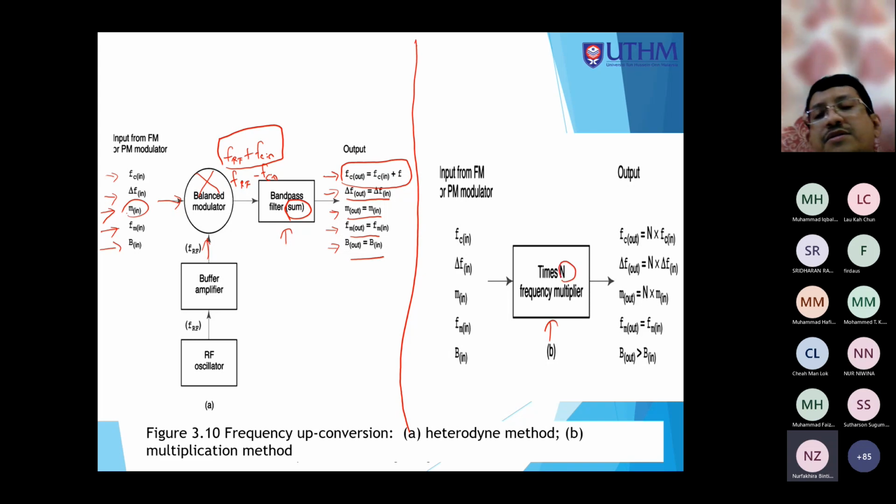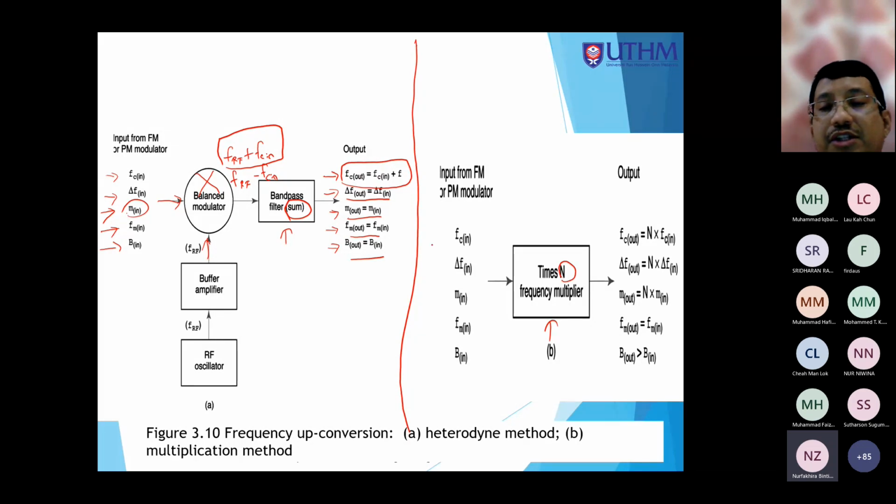So this element will multiply the input frequency by a factor of n. How much is n? It depends on the equipment, it depends on the system. It can be 10 or more than that. So again, we will see the important parameters.